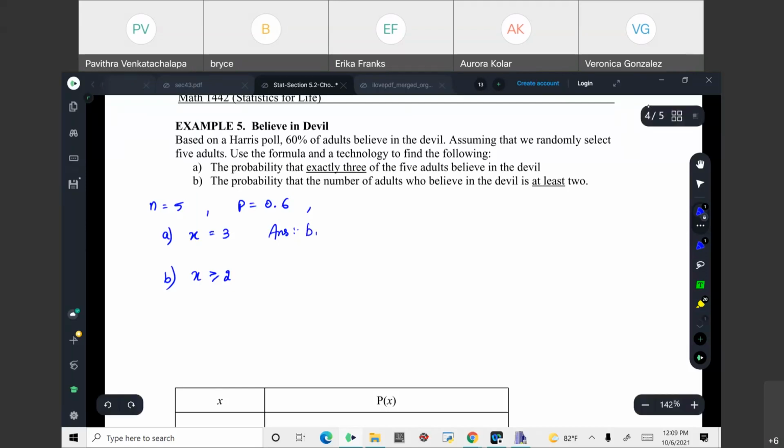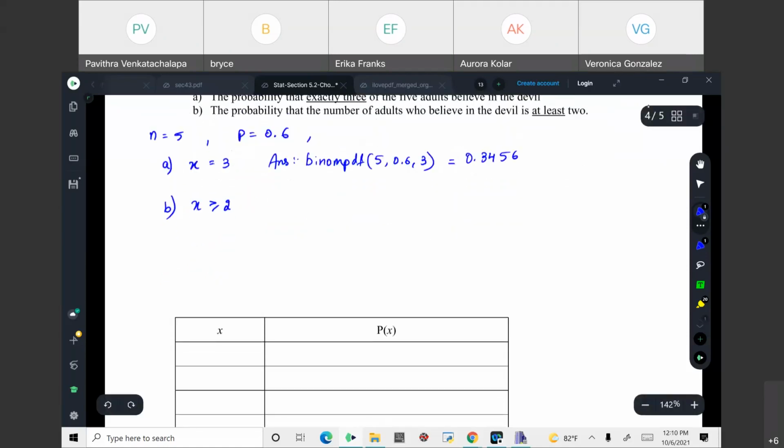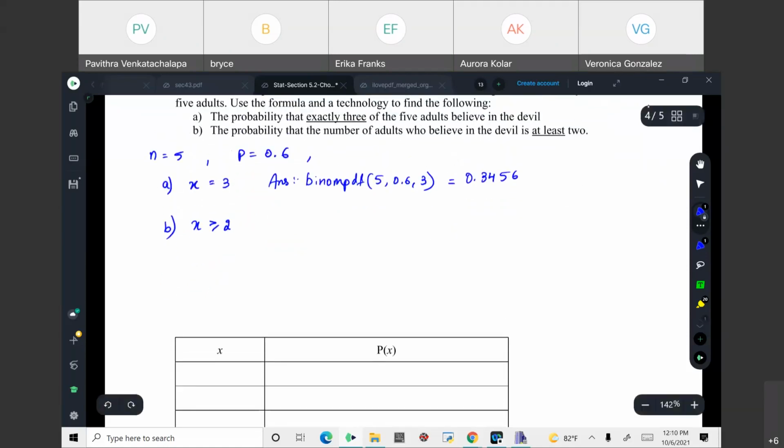Done? This is binomial PDF of n, comma p, comma x. What is the answer? 0.3456. Right. Okay. Now, when they ask you at least 2, that means minimum has to be 2, right? Minimum has to be 2.